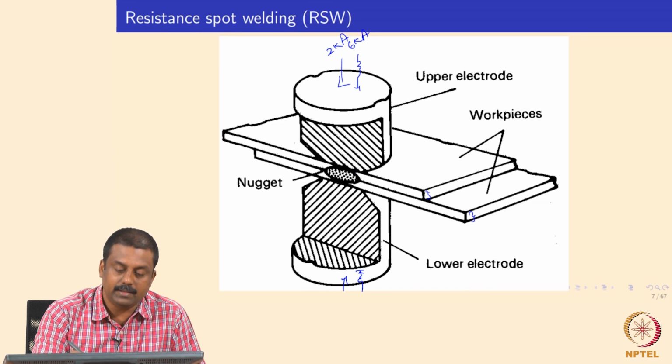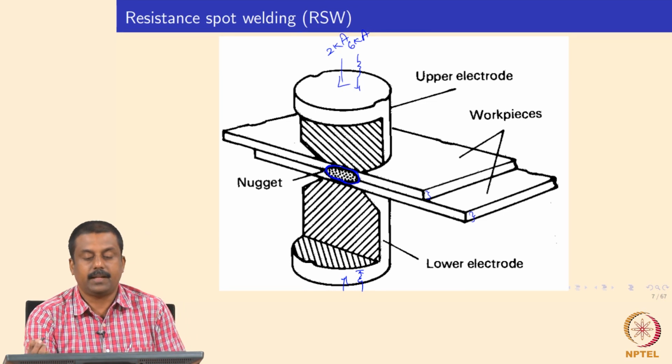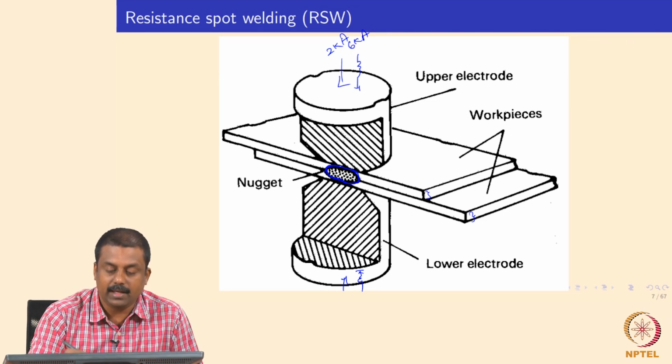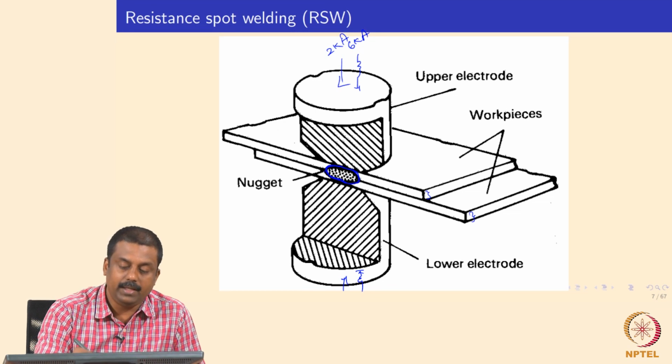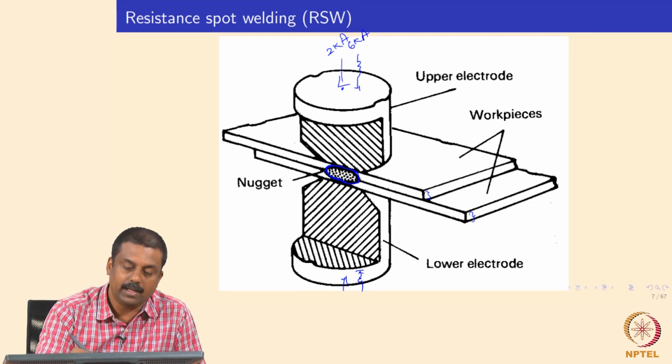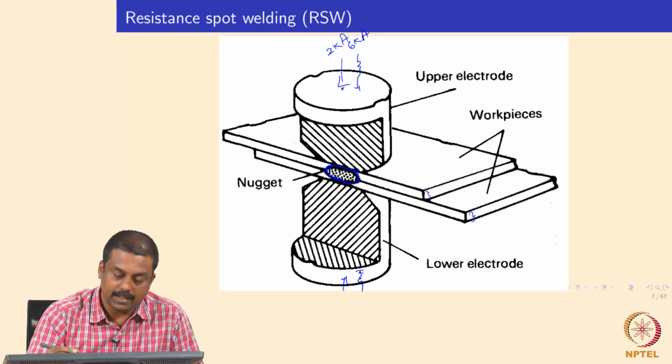So the typical nugget shape in resistance spot welding is elliptical. Again, that is also determined by the resistance distribution and the heat extraction and heat transfer characteristics. Generally your weld nugget shape is elliptical, as I have drawn here, and it forms at the middle of the electrode, at the center of the electrode axis, in a 3-dimensional cross section.